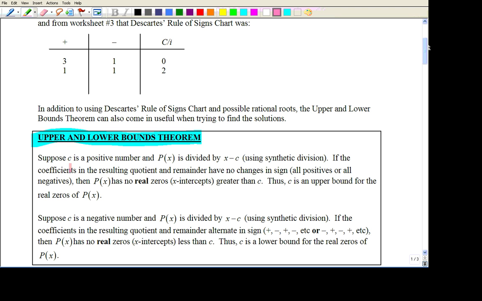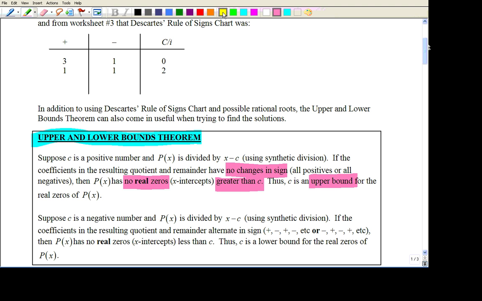If the coefficients in the resulting quotient and remainder have no changes in sign, in other words, they're all positive or all negative numbers, then p of x has no real zeros, and that's just real zeros or x-intercepts, greater than c. Thus, c would be the upper bound for the real zeros of p of x.